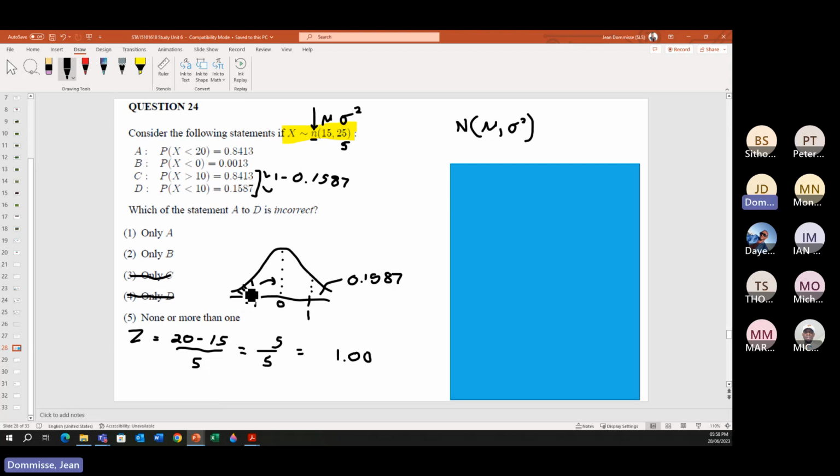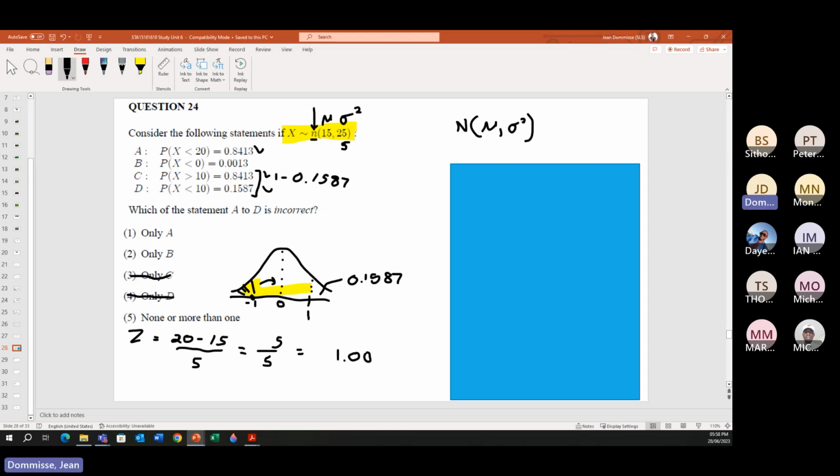So if that was 0.1587, this side must also be 0.1587 because it's a normal distribution. It is symmetrical. And then if that is 0.1587, this area will be 0.8413. So that is actually also correct.